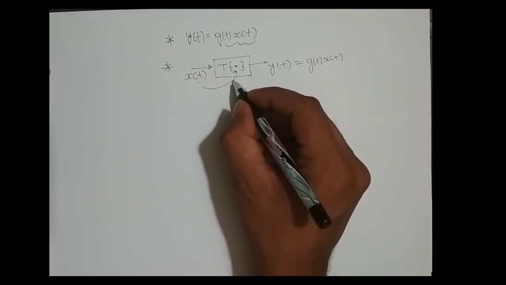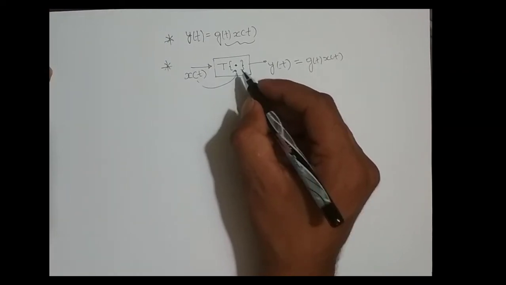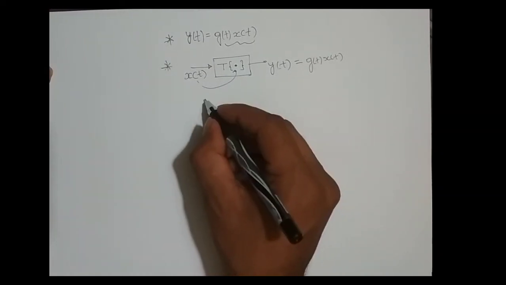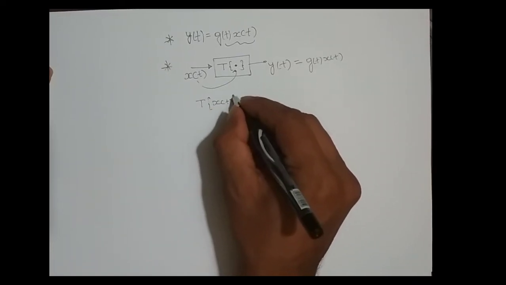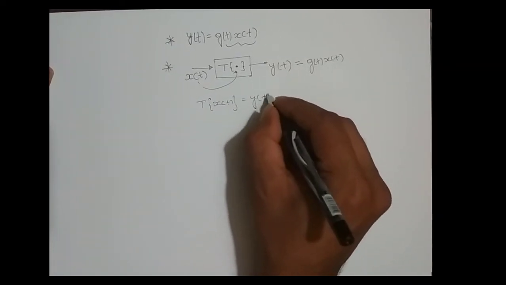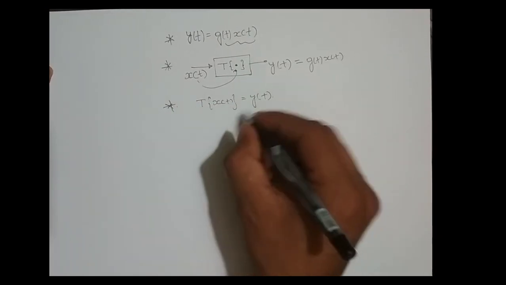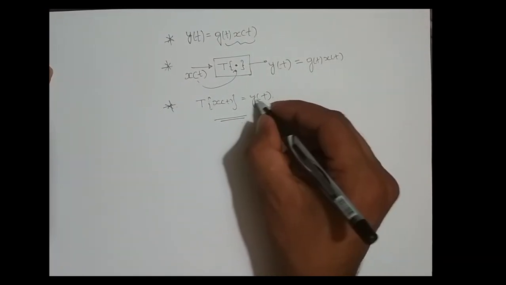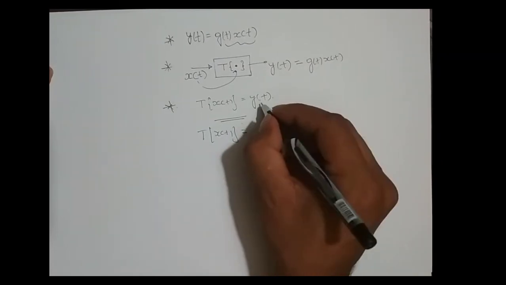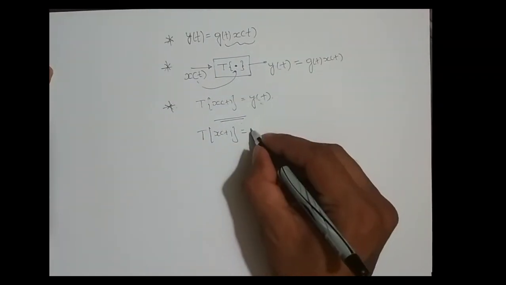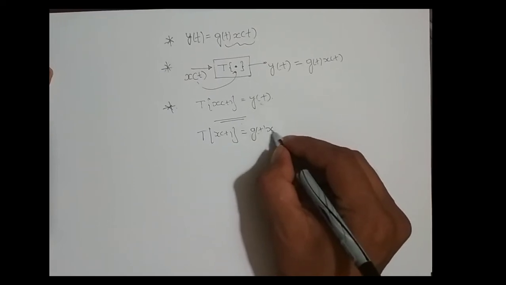This is the other way to represent a system, and one more way to represent the system is the transformation of x of t is equal to y of t. This is the third way to represent the system. And what is y of t? y of t is g of t into x of t.